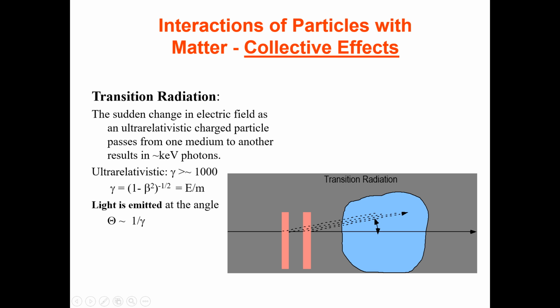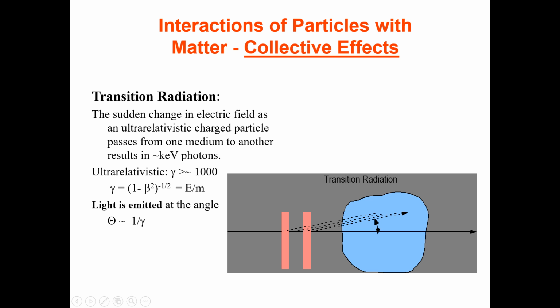It results in photons with energy approximately equal to an electron volt. For an ultra-relativistic particle, we have photons with energy greater than or approximately equal to 1000 electron volts. That is what we have.